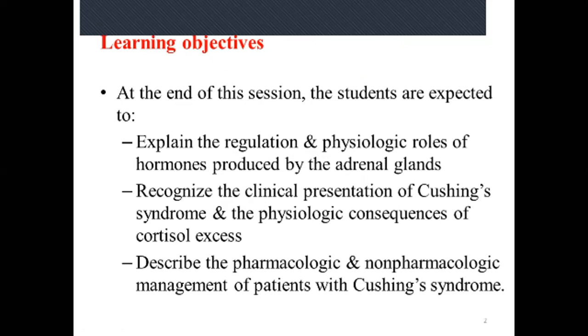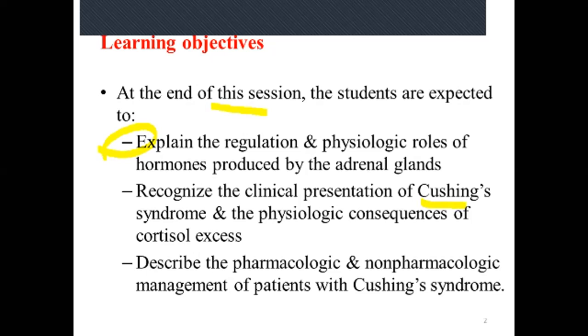Okay, fine. So the adrenal gland is a very important gland. The objective for this session is that at the end, you are expected to know the regulation and the physiological role of the hormones produced by the adrenal gland, then recognize the clinical presentation of Cushing syndrome and the physiological consequences of excessive cortisol.